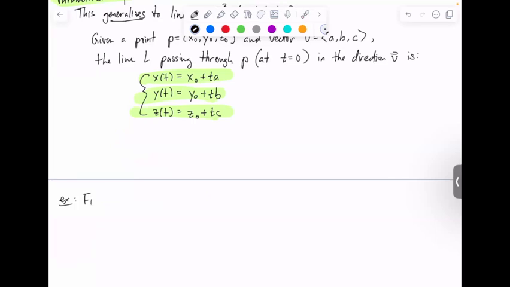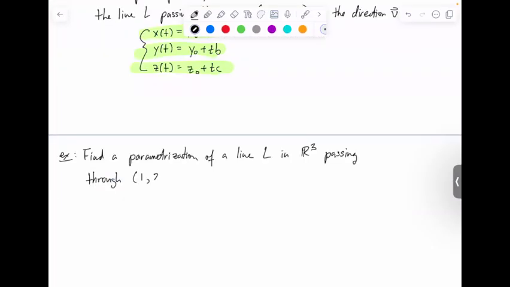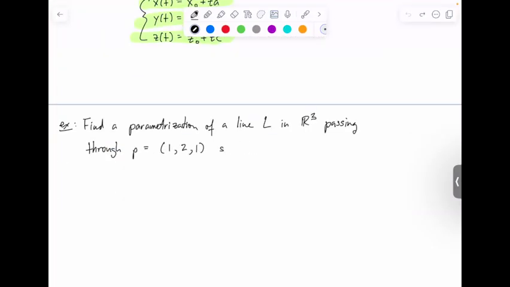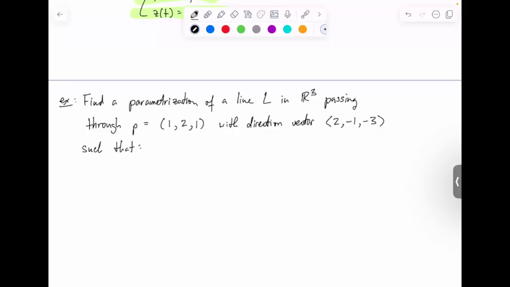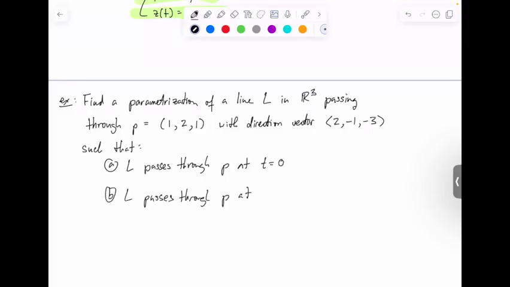Let's find a parameterization of a line L in R3 passing through the point P, 1, 2, 1, with direction vector 2, minus 1, minus 3, such that, part A, L passes through P at time equals 0, and part B, L passes through the point P at time equals minus pi.